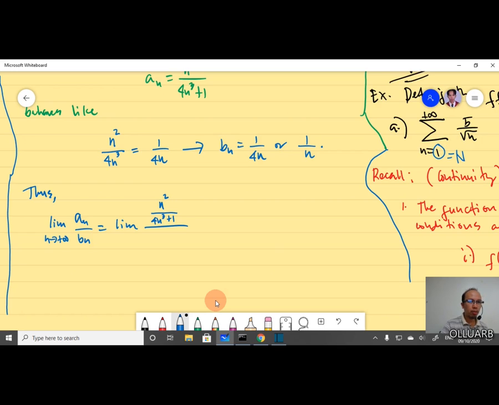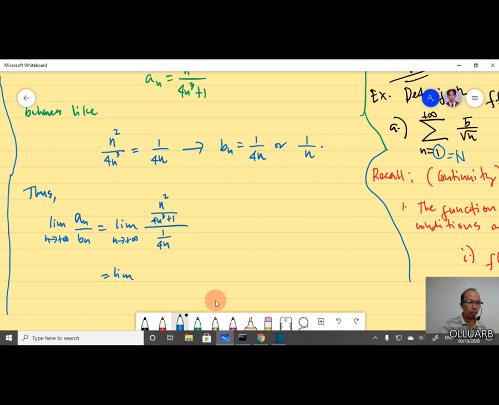For b sub n, it depends which one you will use. If you use the original 1 over 4n, that's okay, but let's try to simplify later if we have the same result with 1 over n. This is 1 over 4n as n approaches positive infinity.